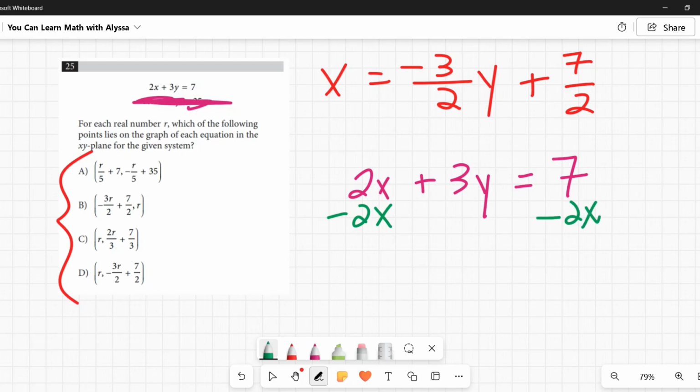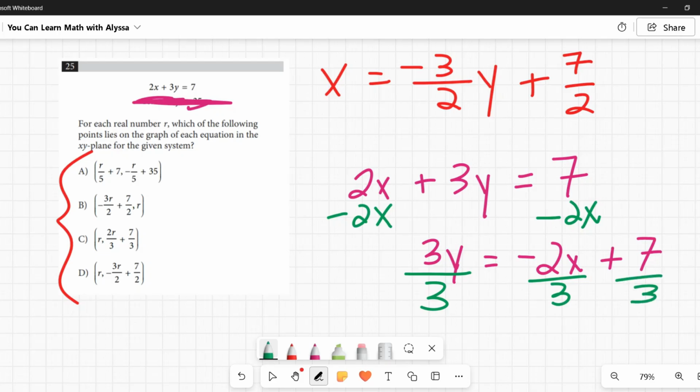Since it's positive 2x, I'm going to make a negative 2x. And I have 3y on the left, and then negative 2x plus 7 on the right. And then on the left, I have 3 times y. I want to divide by 3 to get rid of that. Divide everything by 3. And I am left with y equals negative 2/3 x plus 7/3.